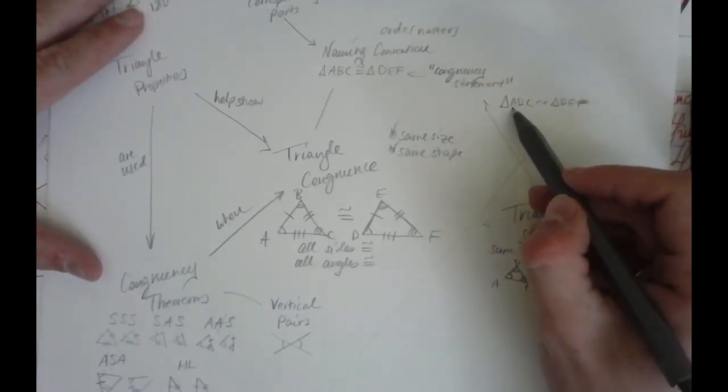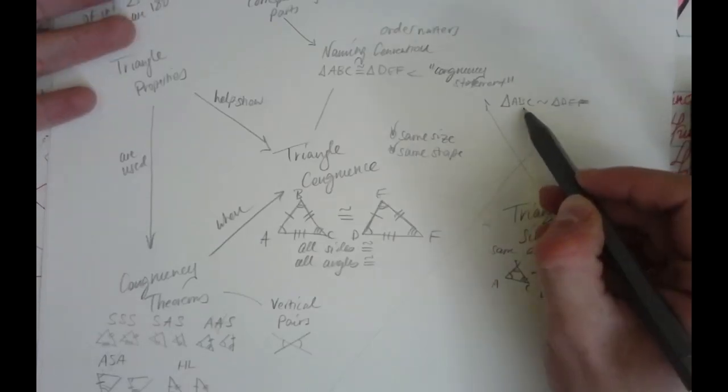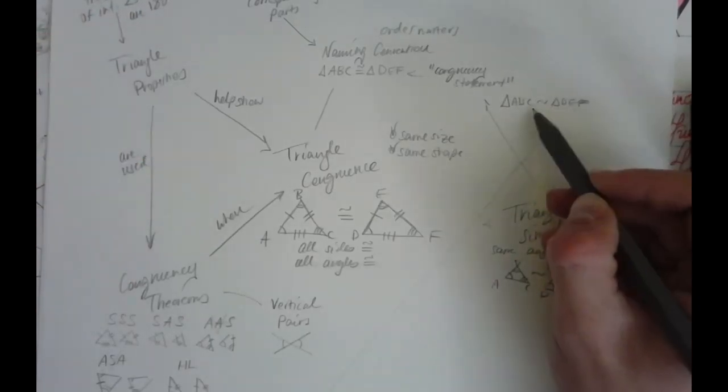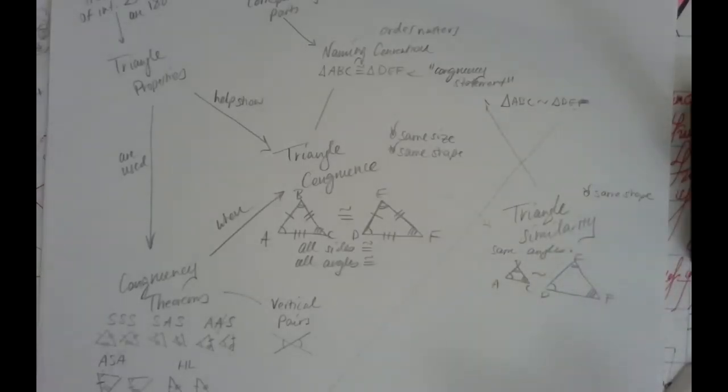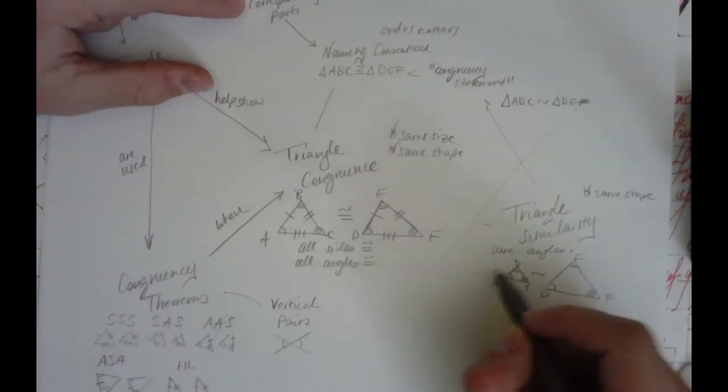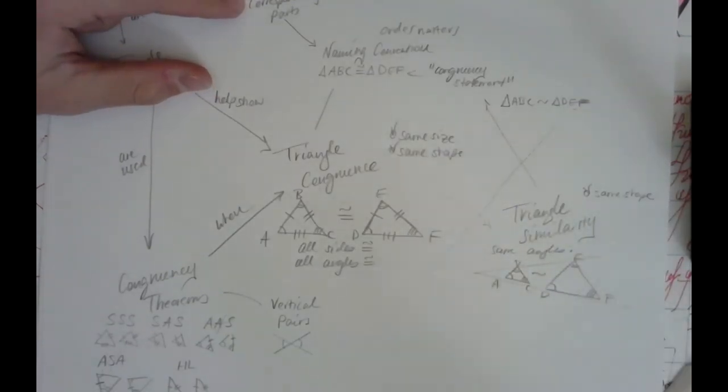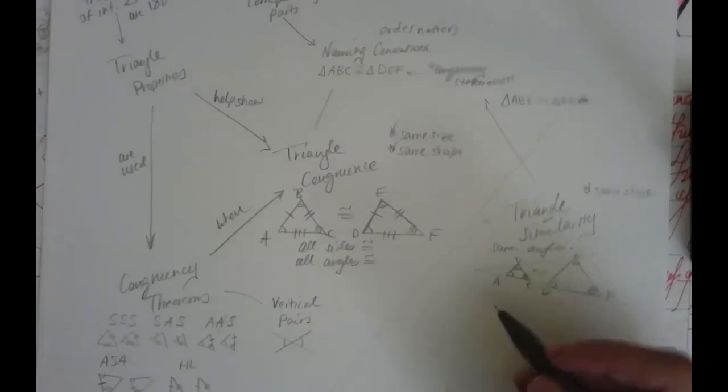So angle A and angle D would be the same. Angle B and angle E would be the same. Angle C and angle F would be the same, which is exactly like we see in our picture. So these two triangles are similar. They're the same shape, and in fact, they are dilations of one another. So one is a scaled version of another.